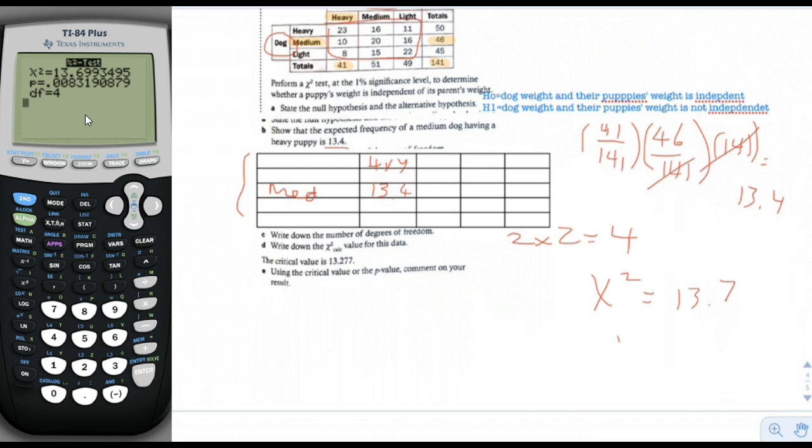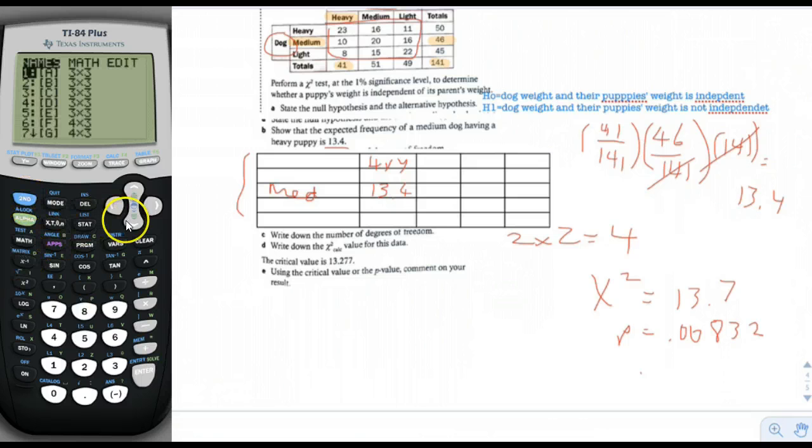13.7. The p-value, we're not going to really use this too much, but some of you advanced students might be curious about it. And then we're going to check the D matrix, which we can do by going down to names and clicking D. And there's the D matrix.